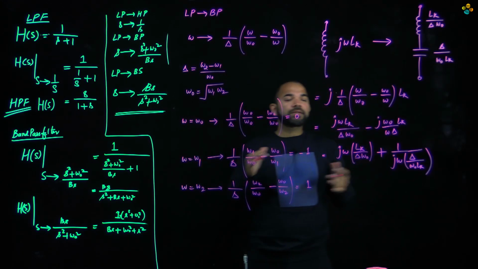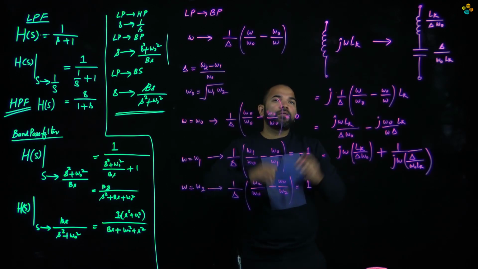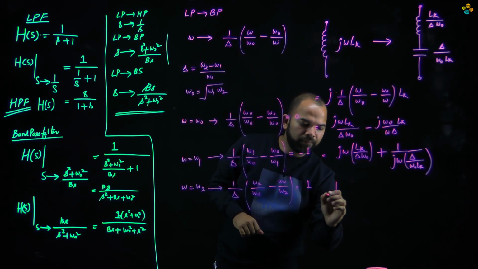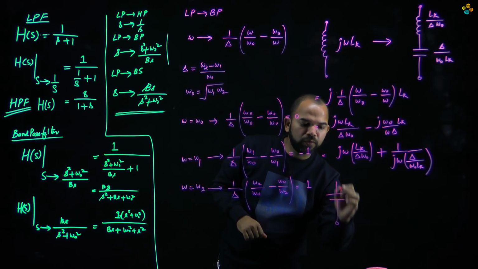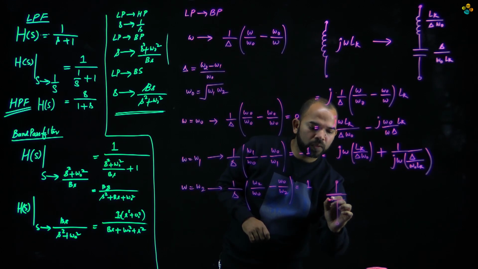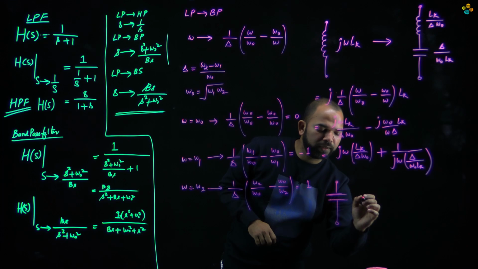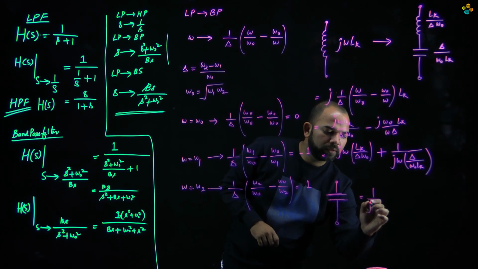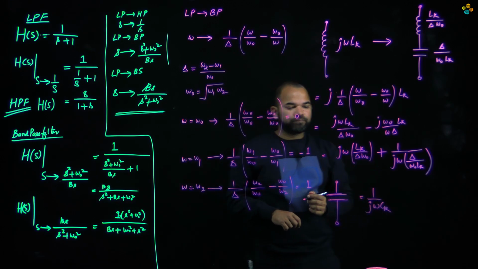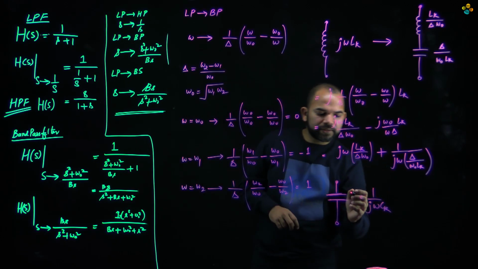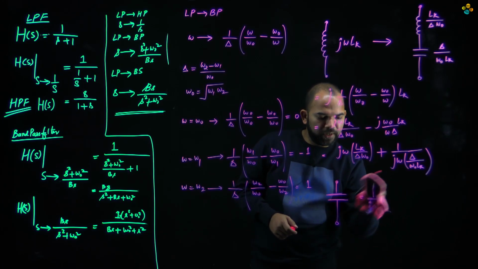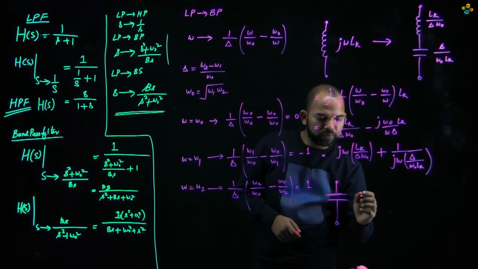What is going to change if we want to replace a capacitance? Suppose you have a capacitance in a low pass filter and its reactance is defined as 1 over j omega Ck. Okay. Let's talk in terms of admittance. That would be great.